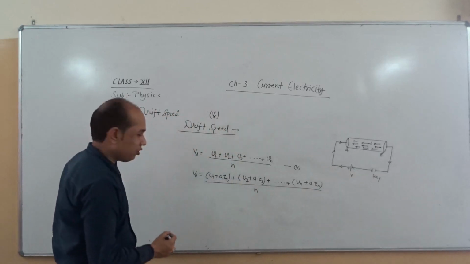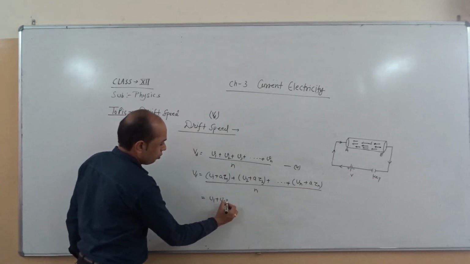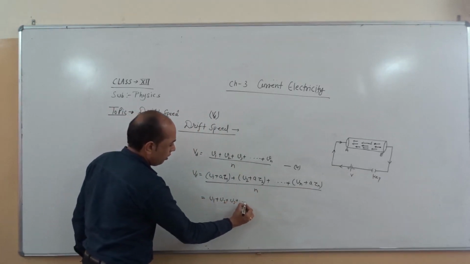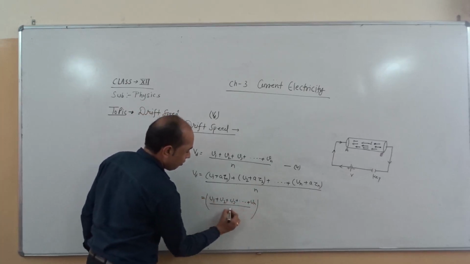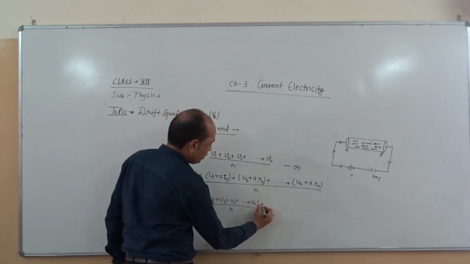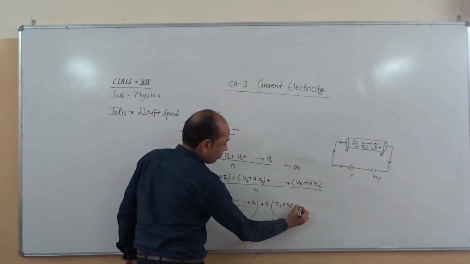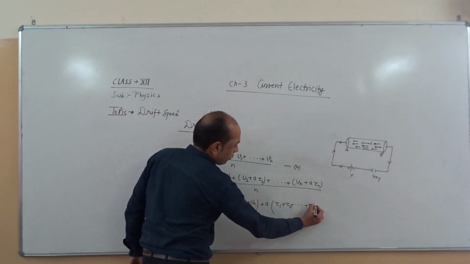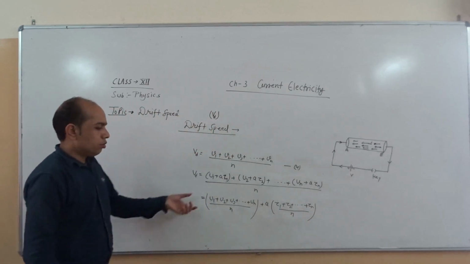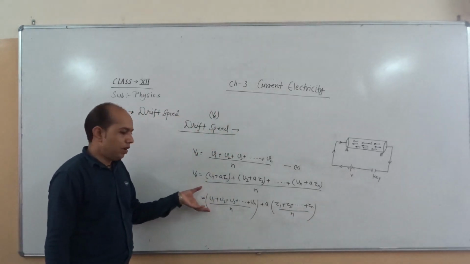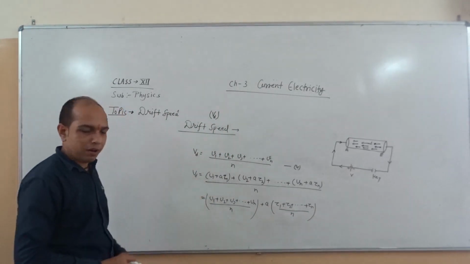Now we separate the equation. So this becomes (U1 + U2 + U3 + ... + Un) divided by n, and the remaining part plus a(τ1 + τ2 + ...) divided by n. From the first equation, as we know, without an electric field the average velocity is 0 because of random motion.